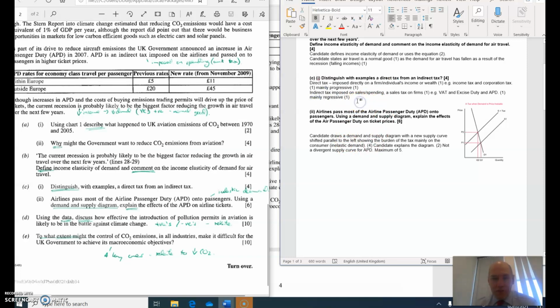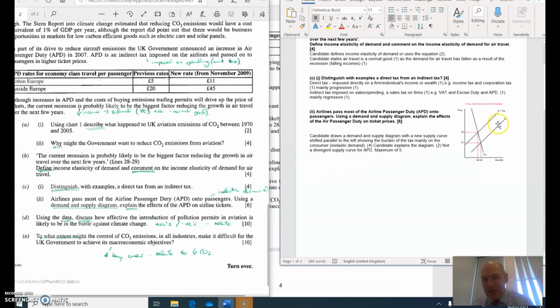In terms of C part 2, airlines pass most of the air passenger duty, APD, onto passengers. Now I've written there on the left hand side when I'm making notes to myself, there must be inelastic demand. Otherwise you wouldn't be able to pass that on. So you draw your curve. Demand for air travel is inelastic.